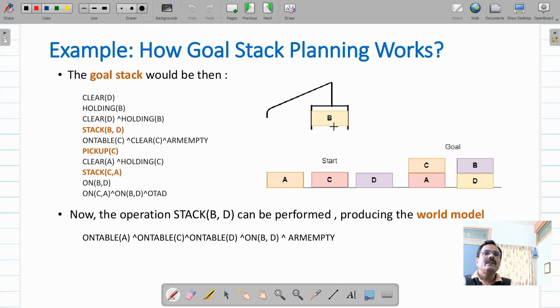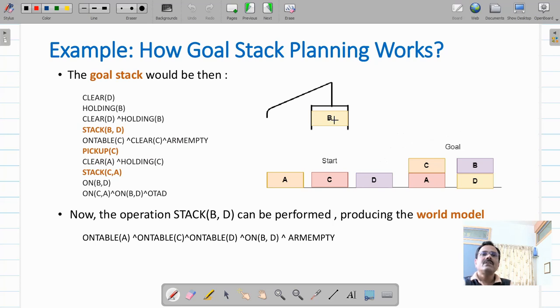Now if you choose stack XY, that means stack B, and Y will be some other block. If you look ahead, you will find you will have to satisfy on BD. So right now, if you put block B on block D, then one of the sub goals can be achieved. That will save a lot of work ahead and the arm will be empty in that case.